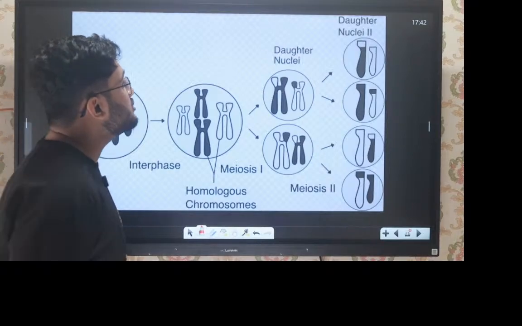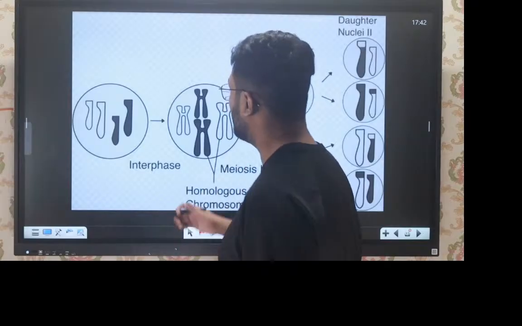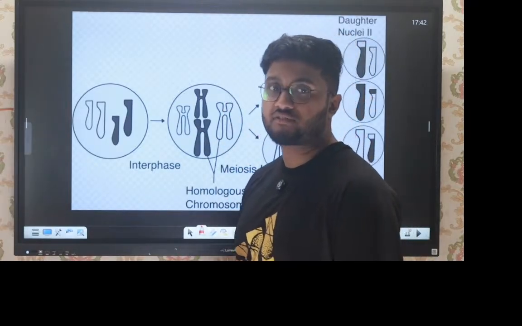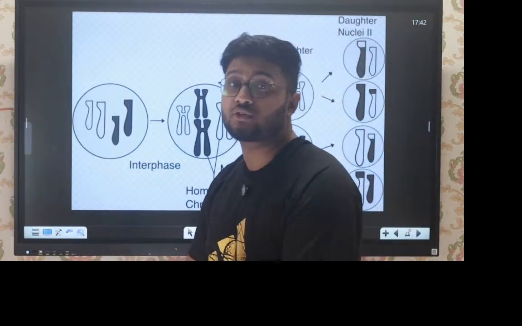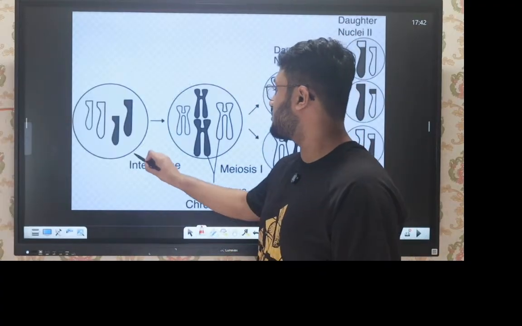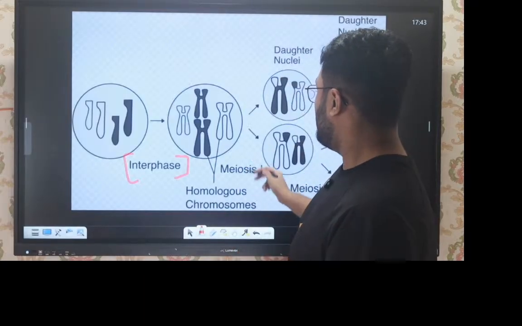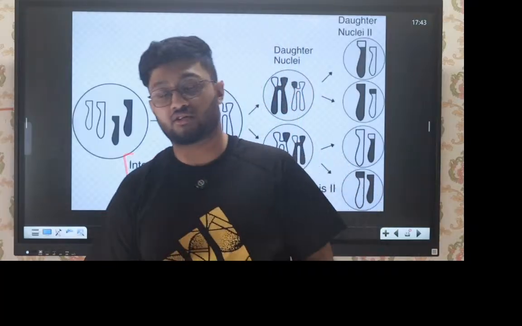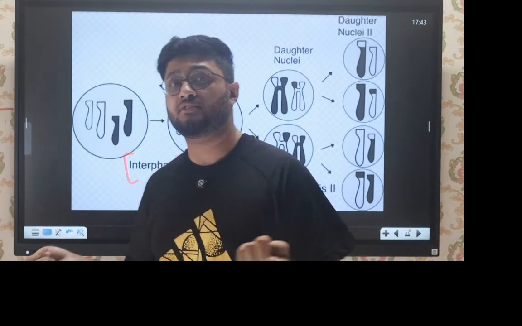I think this is the picture of meiosis. Interphase, you guys are familiar. Interphase is where we prepare the cell for what's about to come, either meiosis or mitosis. Meiosis 1 is where the chromosomes pair up, exchange the genetic material, and then they separate.